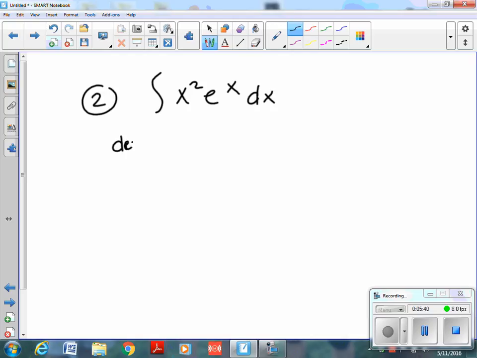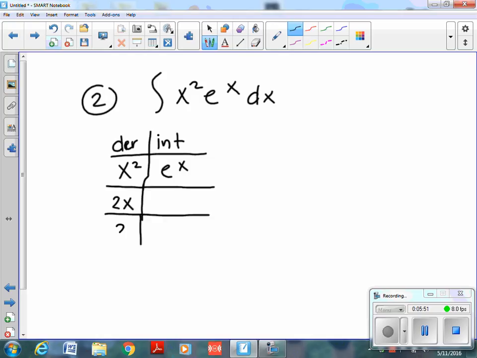Derivative, integration. x squared e to the x. The derivative of x squared is 2x. The derivative of 2x is 2. The derivative of 2 is 0. The integration: e to the x, e to the x, e to the x.